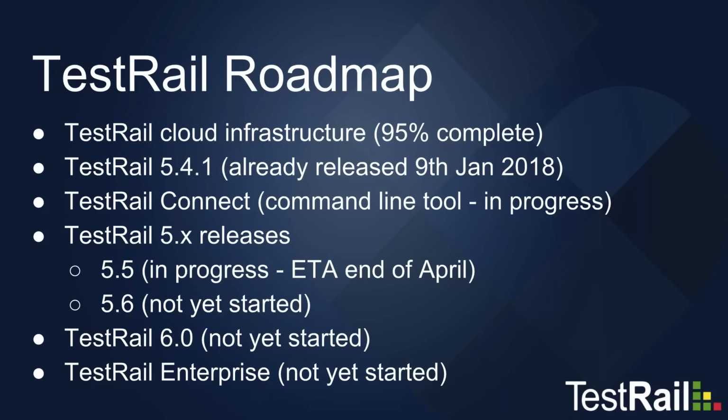A little bit further down the line, we've got TestRail 5.6, and we're mainly expecting to carry out some API enhancements, and we'll probably look at increasing PHP support for some of the more recent 7.1 and 7.2 updates.